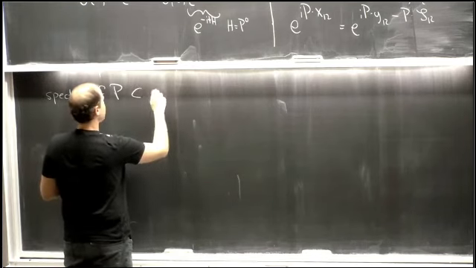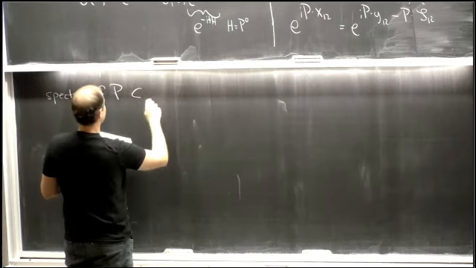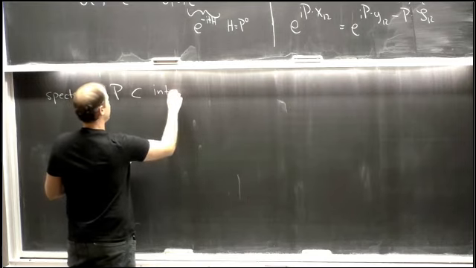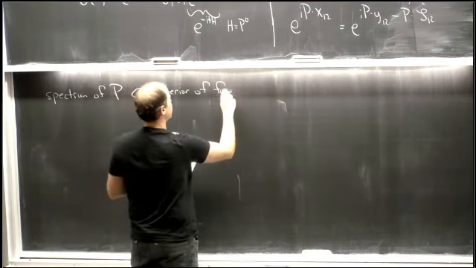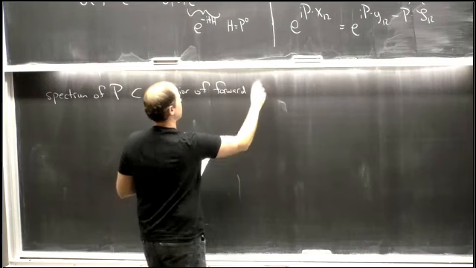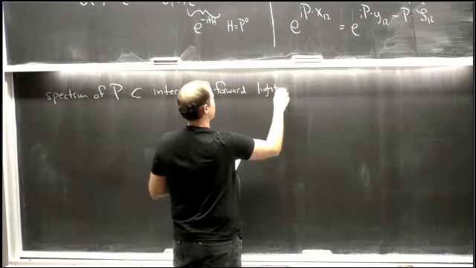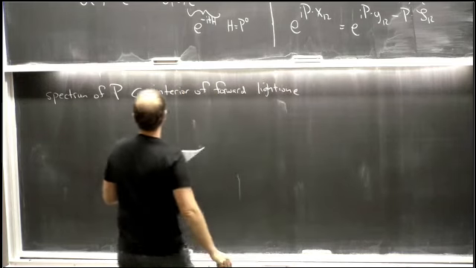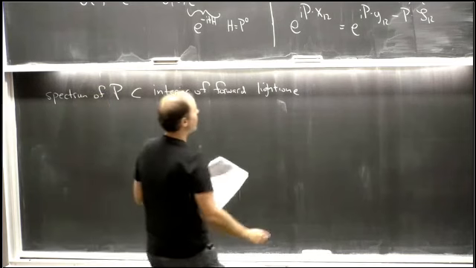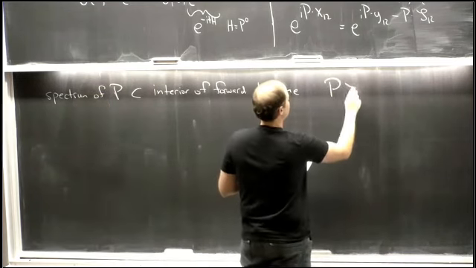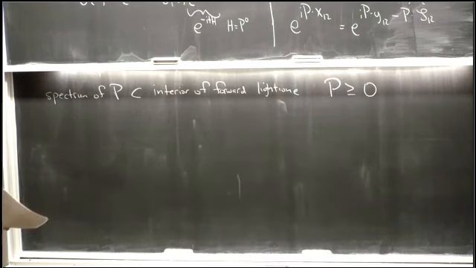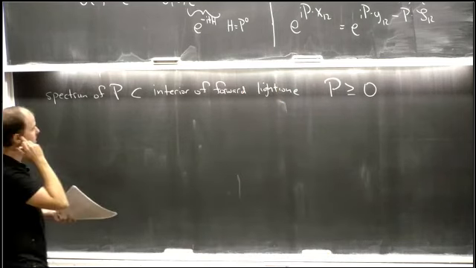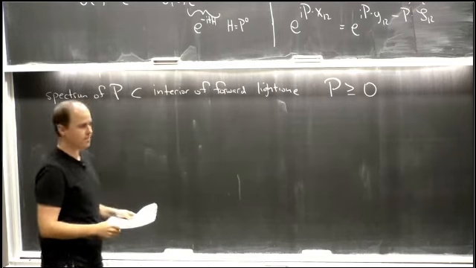So it is in the interior of the forward light cone. And I'll write that in this notation. So being greater than or equal to 0 means something is future directed or null in this notation.